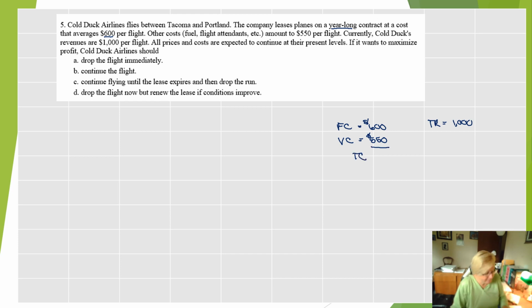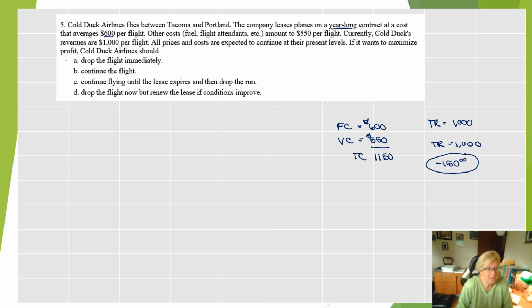If I take my fixed cost and add my variable costs, I end up with $1,150. If my total revenues are $1,000, then each time I fly, I'm losing $150.